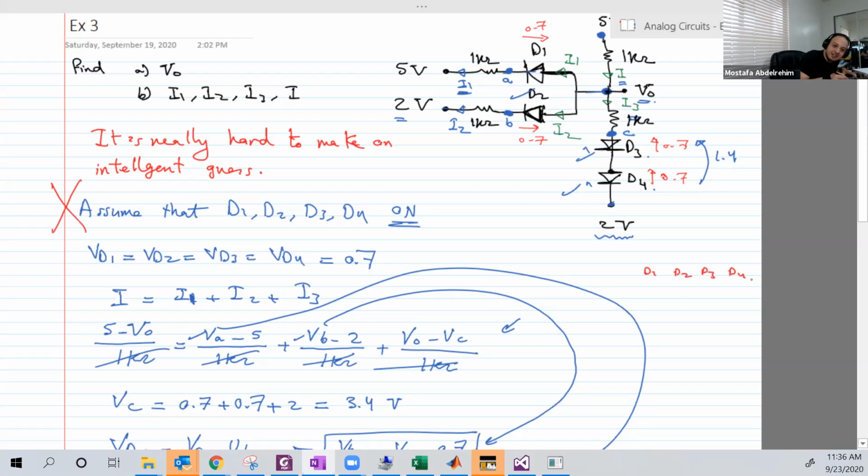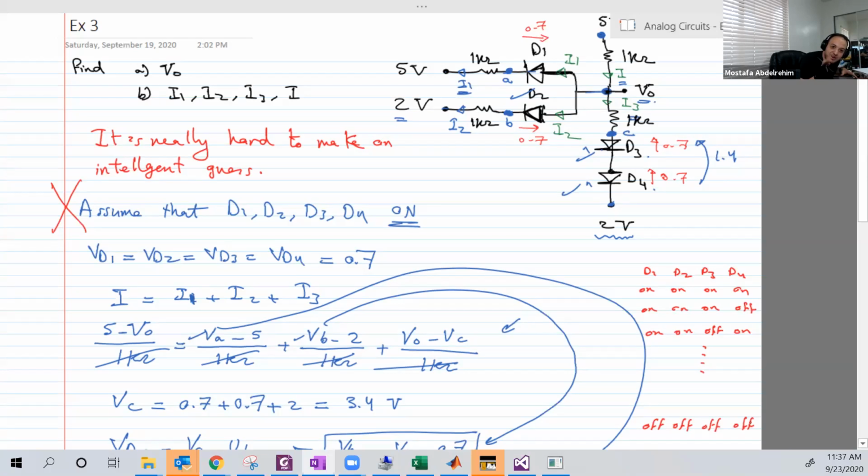Let's assume all on, then all on except, for example, D4, all on except D3, and you continue. Each diode has 2 states, on or off.